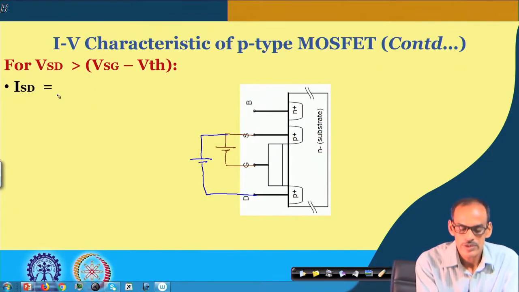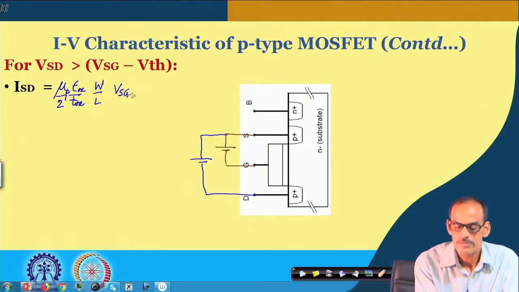the current here will be mu p epsilon ox divided by T ox, and W by L, maybe 2 we can take it here, and then we have VSG minus VTH. In fact, I should take the mod.